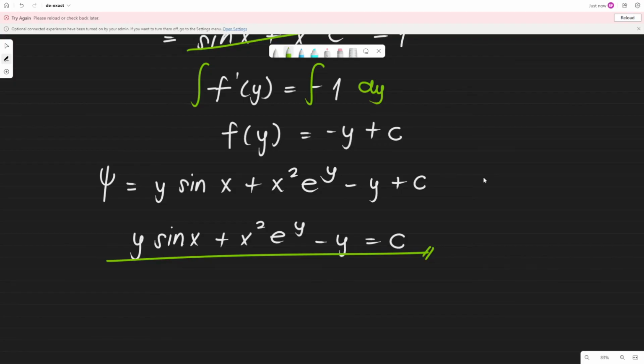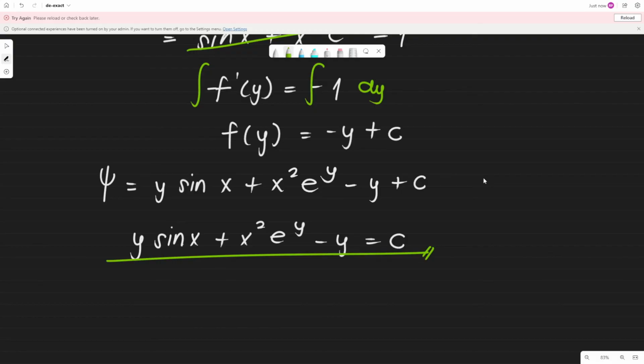By the way, if you notice, sir, why in our earlier examples was almost everything equated to y? These are implicit functions. So solving for y would be hard. For example, in this example we have y sine x and negative y isolated, however we also have e raised to y.